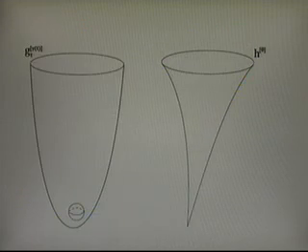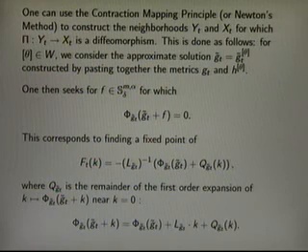Then, since you want to find an Einstein metric, you perturb this approximate solution by an element in a weighted Hölder space. This corresponds to finding a fixed point of this map here.